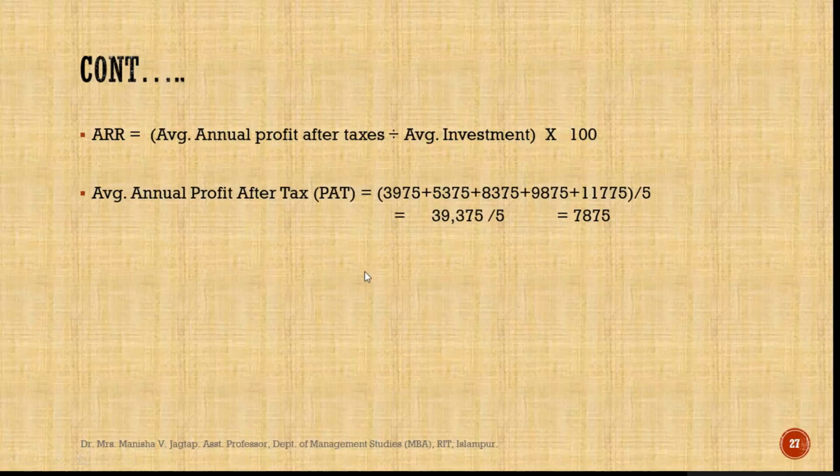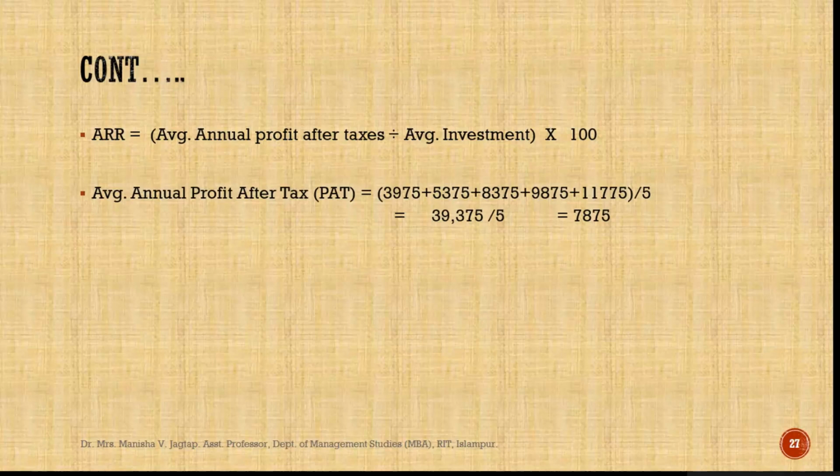So this amount is given in the original example, which is after depreciation and tax. That I have taken here for calculating average annual profit after tax. Divided by 5 years, the amount is 7,875, that is 7,875 is the average annual profit.